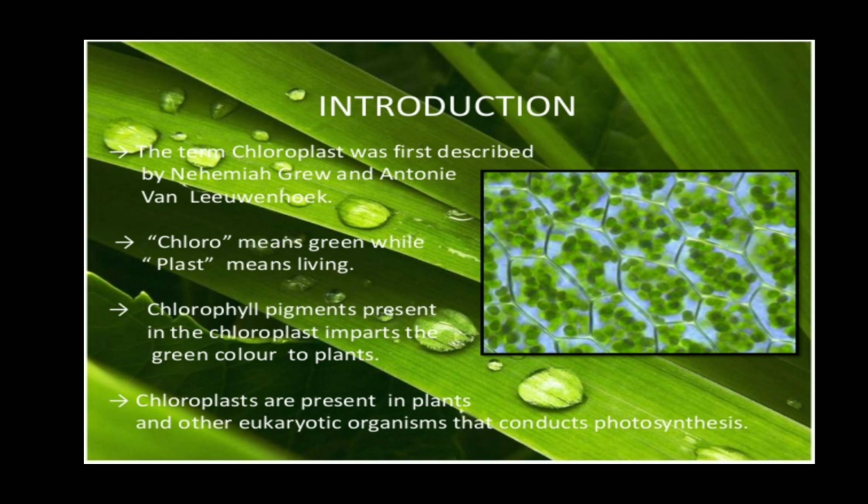The chloroplast has chlorophyll pigments, green in color, present inside the green cells of plants. These chloroplasts are present in plants and other eukaryotic organisms that conduct photosynthesis, right?